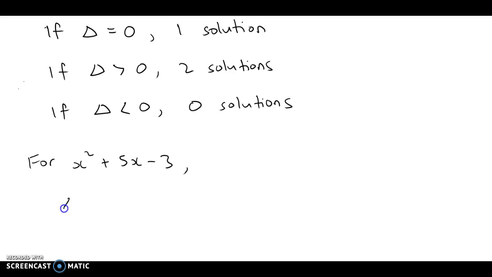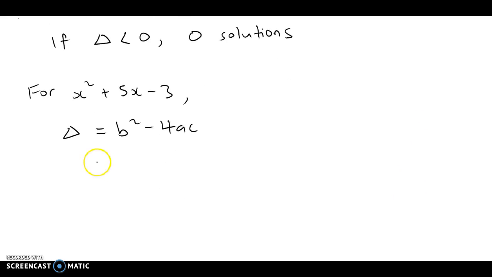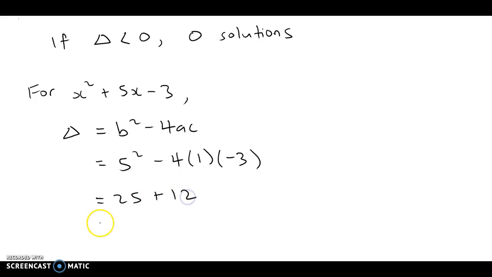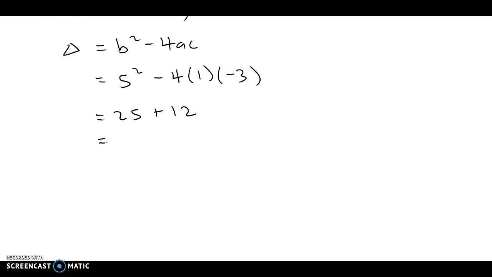the discriminant delta equals b squared minus 4ac, which equals 5 squared minus 4 times our a, which is 1, times our c, which is minus 3, so that's 25 plus 12, which equals 37.